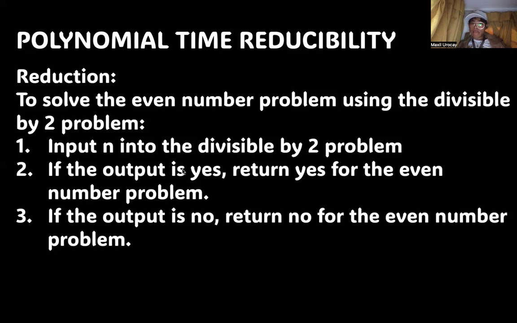Since the output for the divisible by 2 problem is no, we conclude that n equals 7 is not an even number. That shows how the even number problem is solved by reducing it to the divisible by 2 problem using simple logic and constant time computation. So that is really simple.